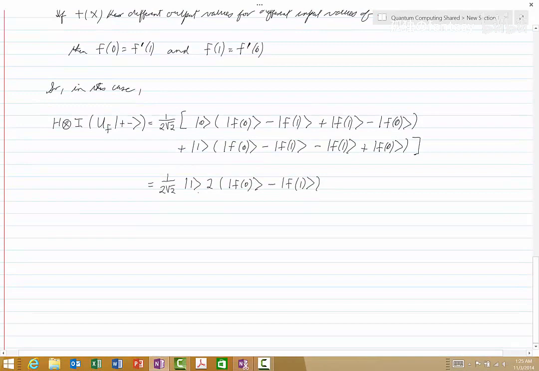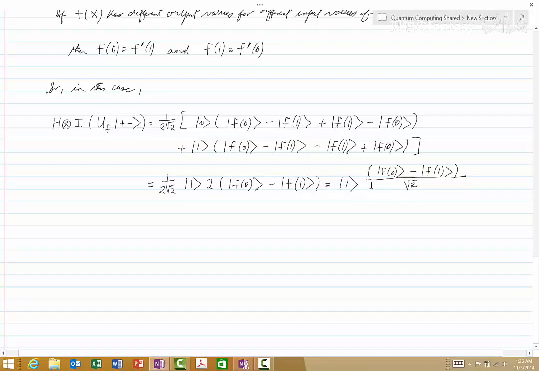And the 2 here will cancel with the 2 of 1/2 in front, and so we get 1, actually let's just write it maybe like this. We'll get 1, and then f of 0 minus f of 1 over square root of 2.